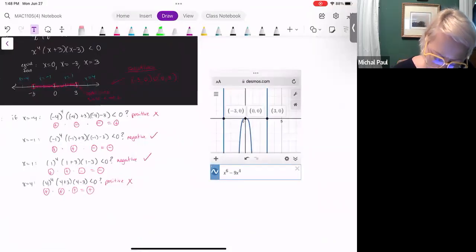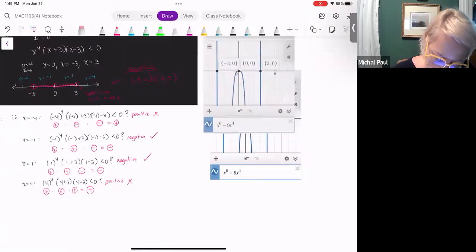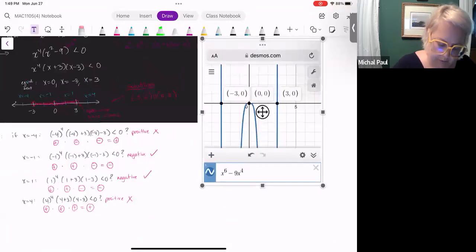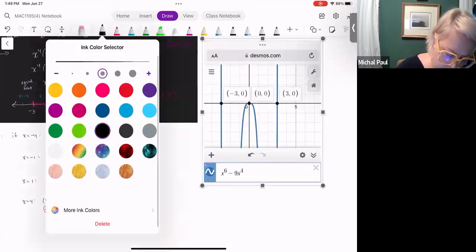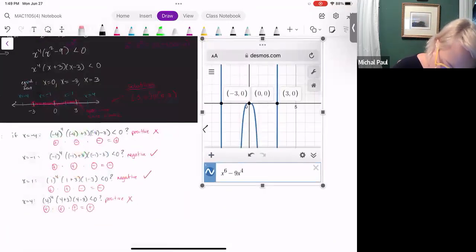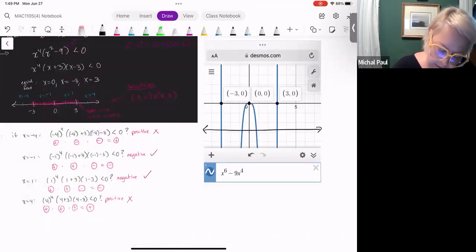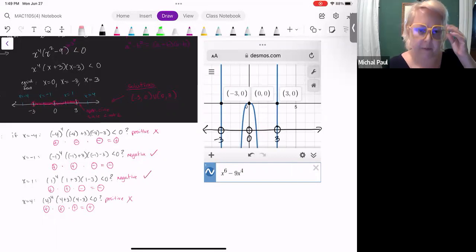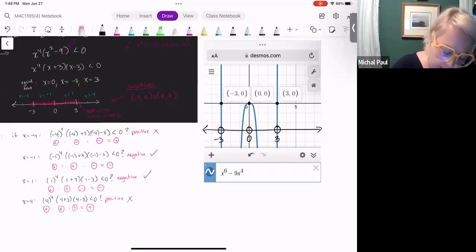And what you can see is if I make a number line here and I put my open circles when x is 3, 0, and -3, open circles because my inequality is only less than 0, not less than or equal to 0, then I'm just going to highlight all the places my function is less than 0.